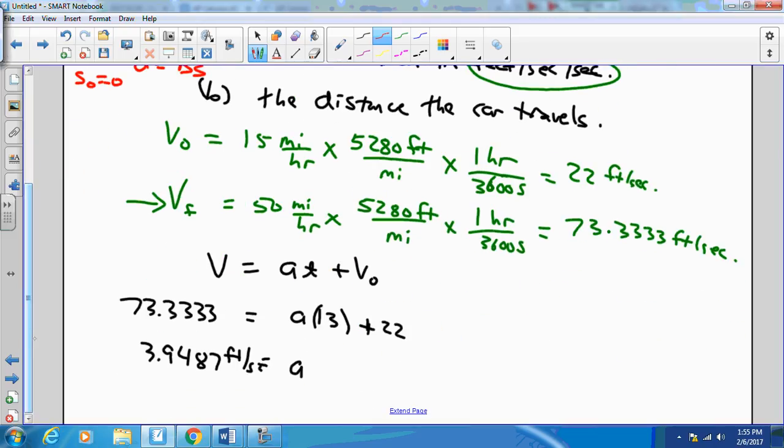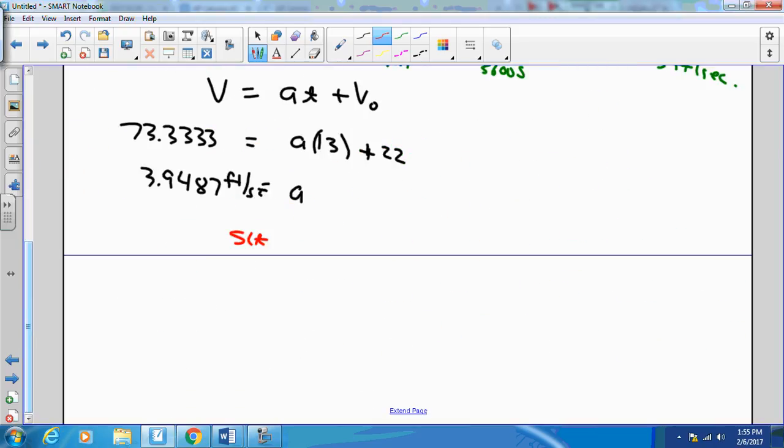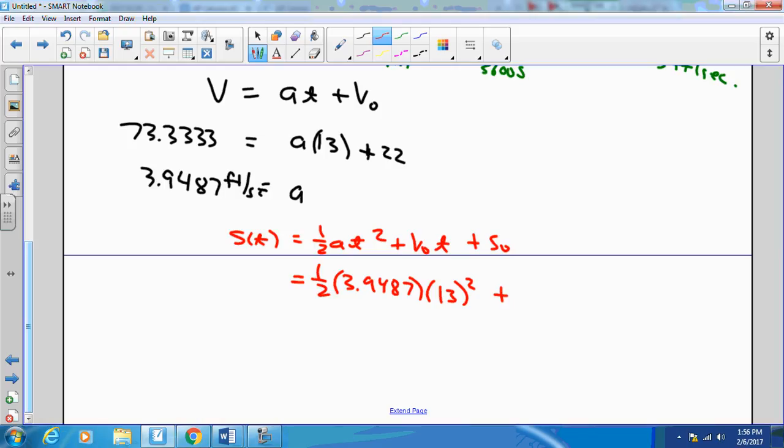And so I can pull out the equation that we generated previously. S of t equals 1/2 at squared plus v0t plus s0. And the acceleration we already got was 3.9487. And the time is 13 seconds. The initial speed was 22 feet per second. And we're going to take the initial position to be 0.